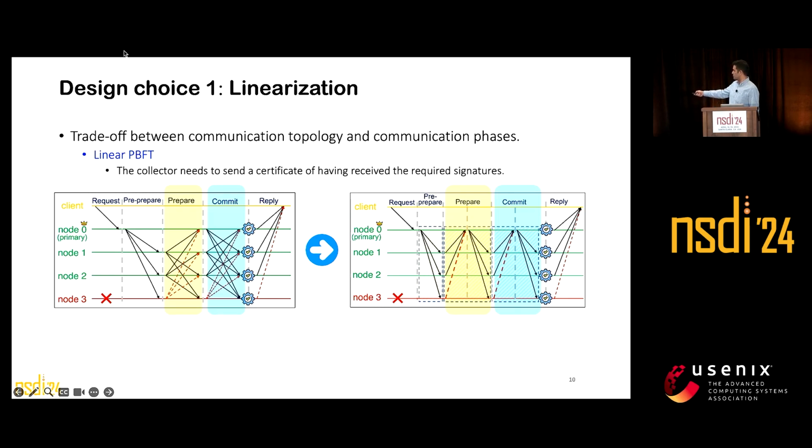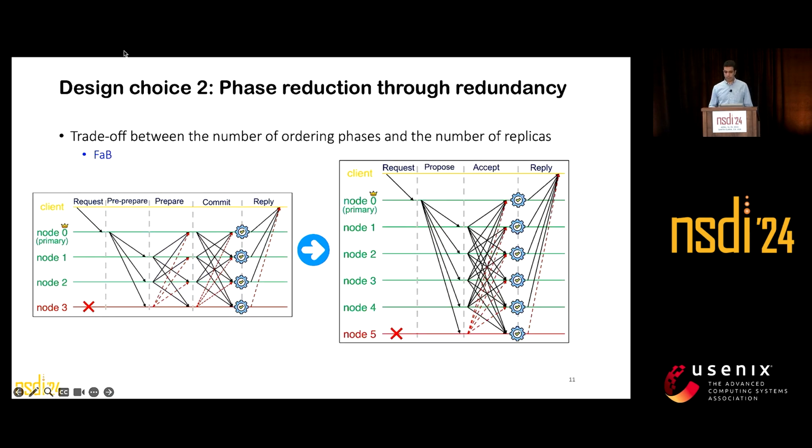And it is required to provide a certificate that it has already received these messages. So we can go from this O(n²) protocol to this linear protocol. We can provide a fast protocol by reducing one phase of communication, but adding 2f more nodes to the protocol. So we remove this phase of communication, but the trade-off is we need to add 2f more nodes to the protocol.